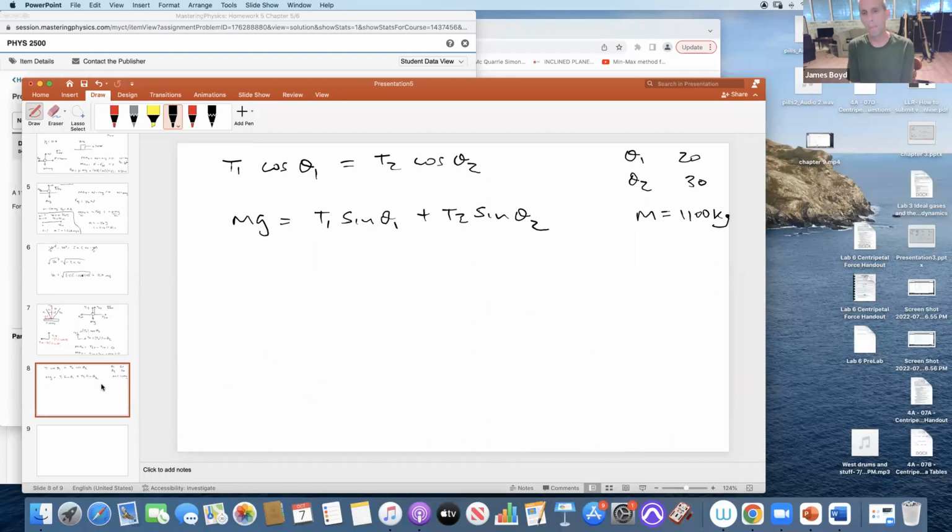Now, at this point, what I'd recommend is actually doing a substitution, okay? So I get that T1 is T2 cosine theta 2 over cos theta 1. So this goes away.